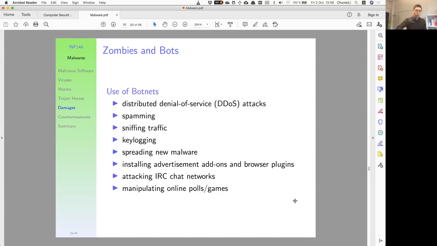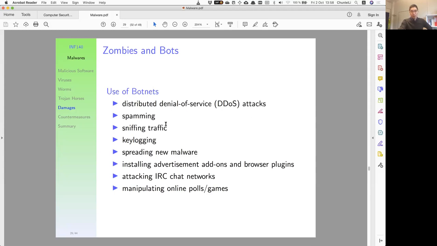Because the botnet is distributed, it can cause more serious problems than a single infected computer. One of the typical uses of botnets is the so-called distributed denial of service attack, which we will introduce later on.